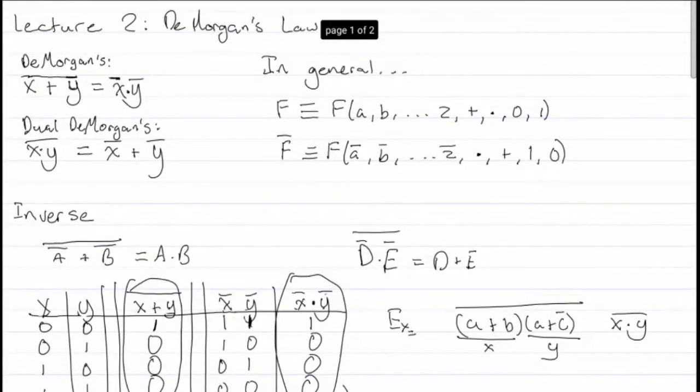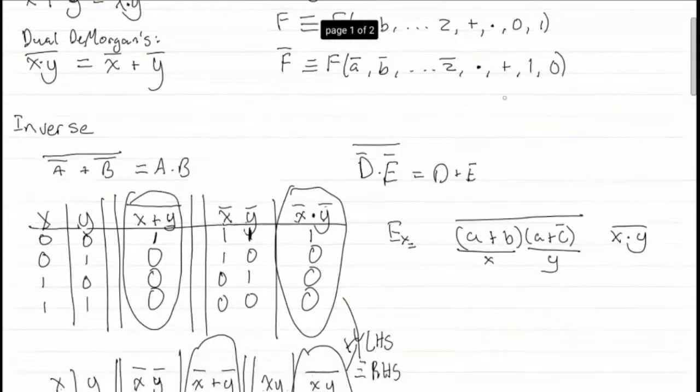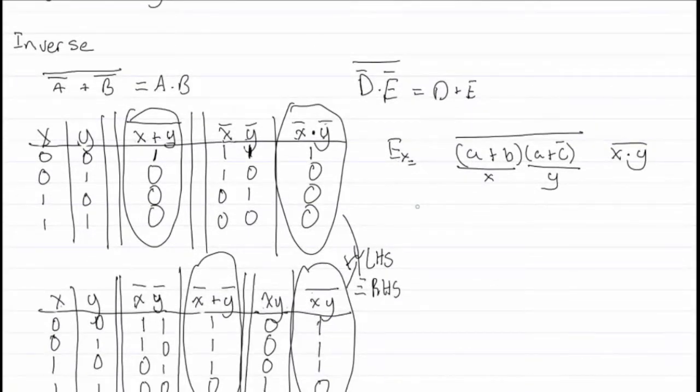And when you have x and y inverted, you can change that into an x naught plus a y naught. So we can change that to a or b inverted plus a or c inverted. You have to keep that there because it's still there, inverted.